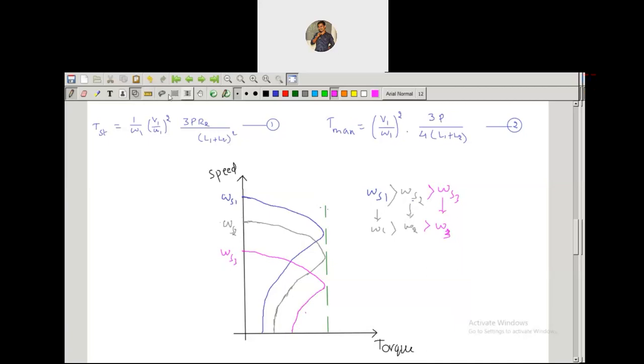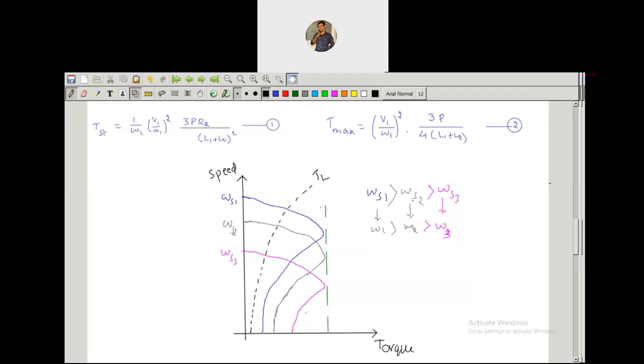In this way we can observe the speed torque characteristics of an induction motor for variable voltage and variable frequency. Let me take this load torque for a certain load. You can take it randomly, we don't know the load, so this is the load torque for a certain load.